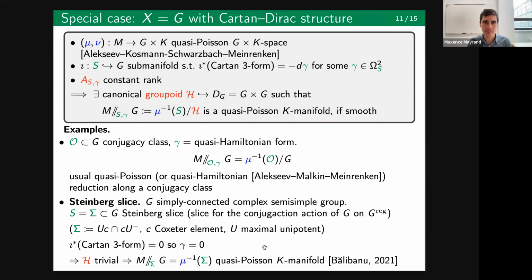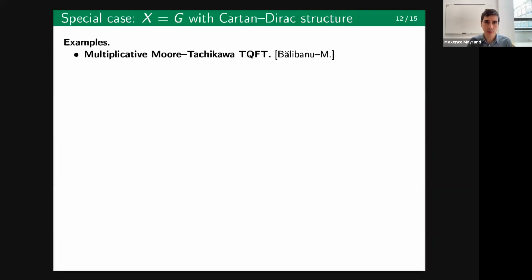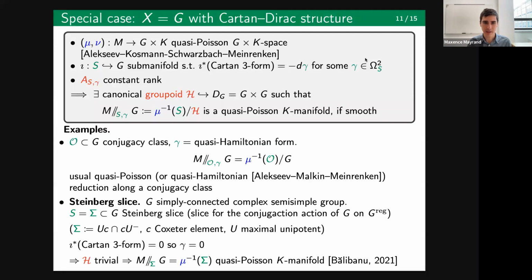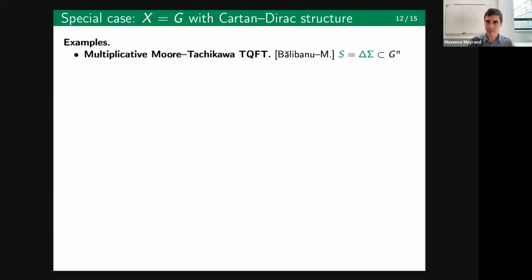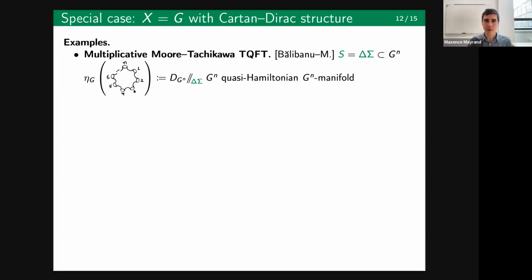Another example is the multiplicative Moore-Tachikawa TQFT. If you take S to be the diagonal of this Sternberg slice in G^n, then we do exactly the same thing as we had for the additive Moore-Tachikawa TQFT, but now we replace the constant slice by the Sternberg slice and the cotangent bundle by the double.